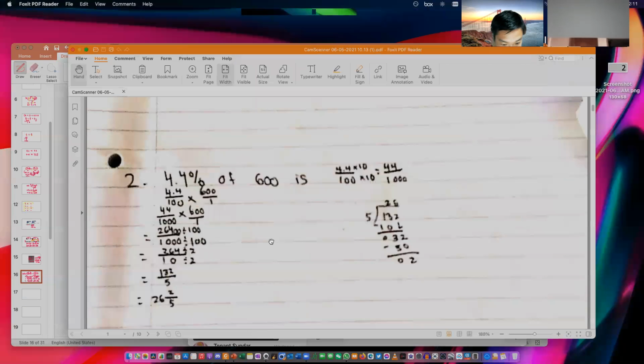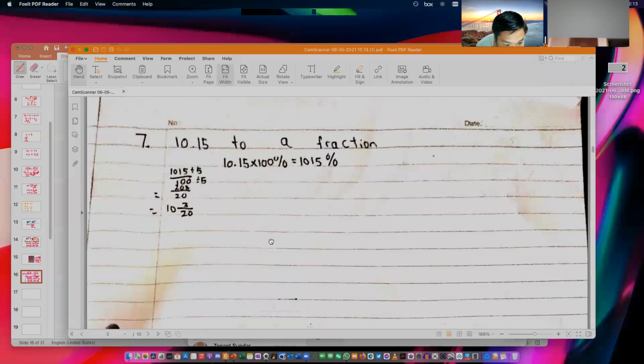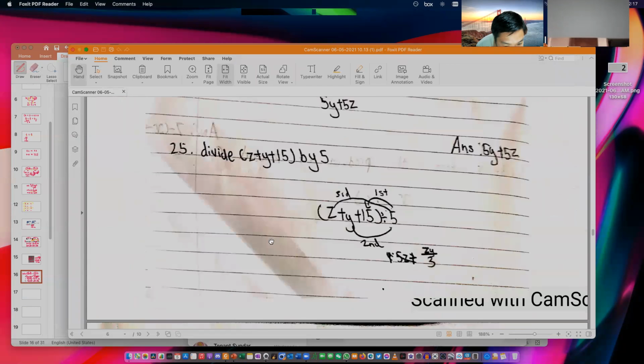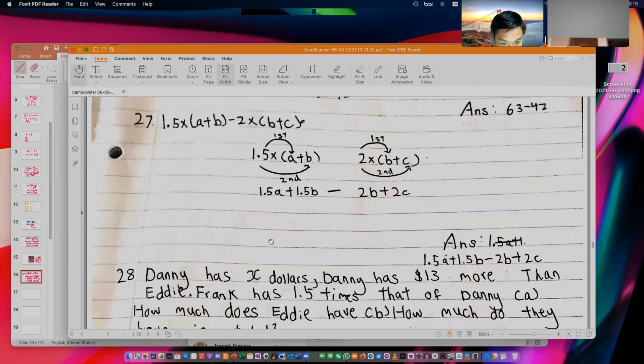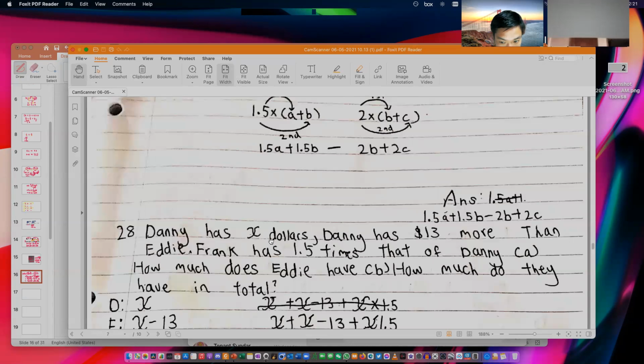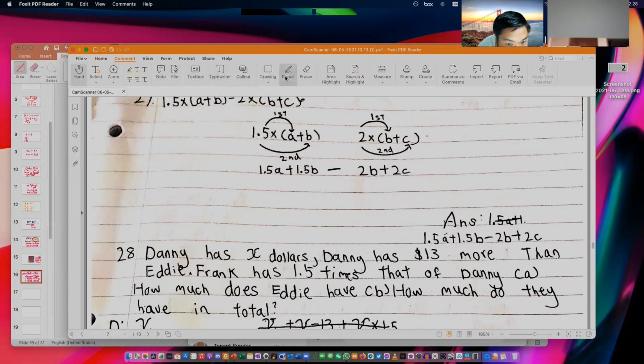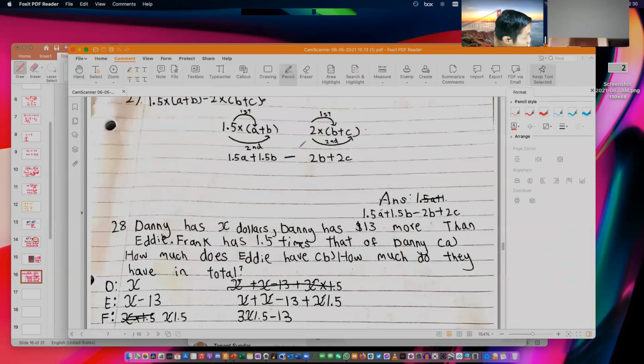Okay, so we should be looking at the last few questions already. Good. This part done already. Can you see your mistake here? If you're looking at this question, the 2 inside.